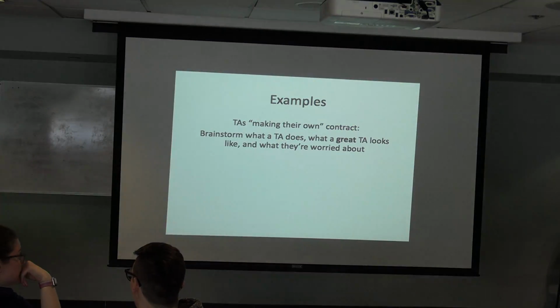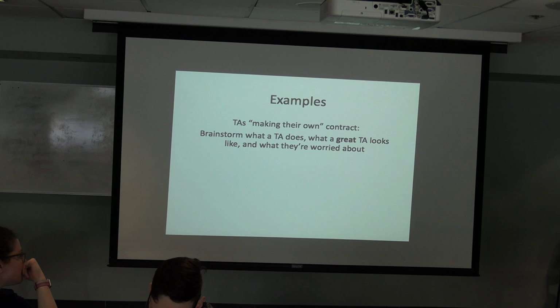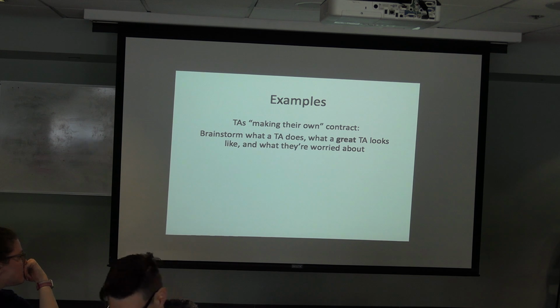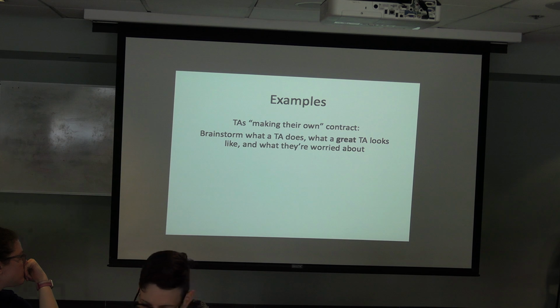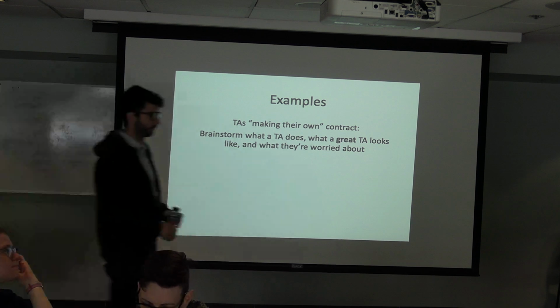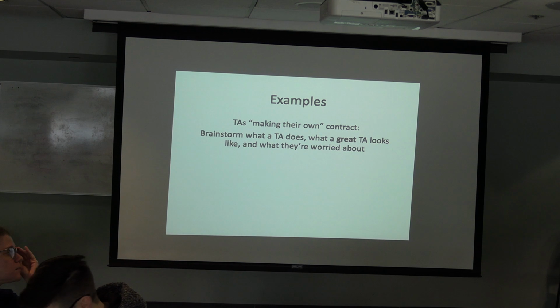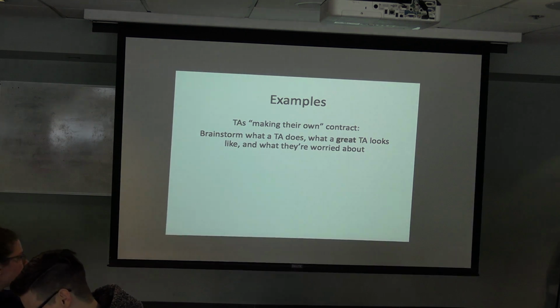Often, what a great TA looks like is the same from year to year. I've observed this for 3 years, and they all come up with the same things. Every once in a while, they add something to the TA contract, but nothing ever comes off. It stayed the same for about the past 6 or 7 years since she's been lab director. That's just one example of how you could get them to develop.